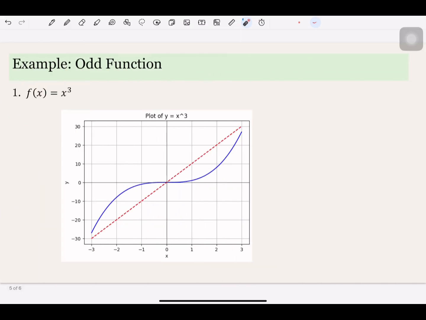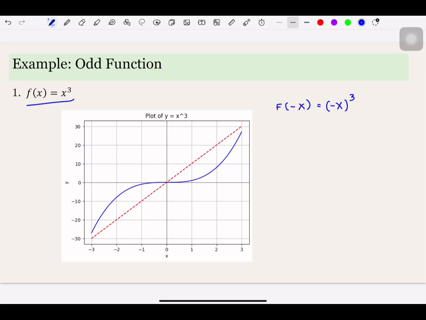Okay, next let's talk about x to the power 3, a cubic function. Here also we want to determine whether it's even, odd, or neither. To check the oddness, we can use the definition again. Let's look at f of negative x and simplify it. f of x is equal to x to the power 3, so instead of x, I'm going to put negative x to the power 3.